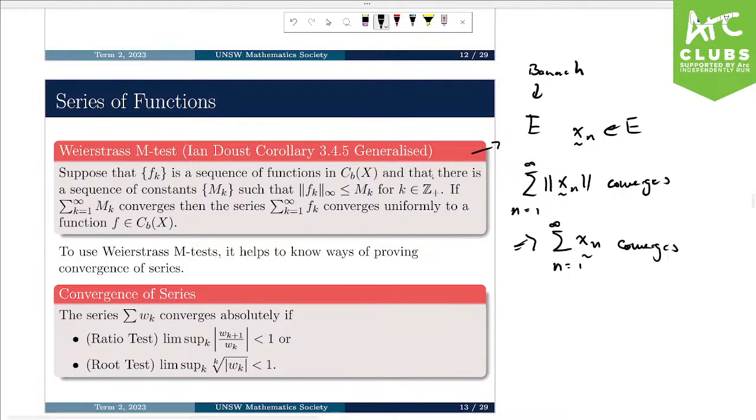So here is just that applied to continuous bounded functions under the infinity norm.